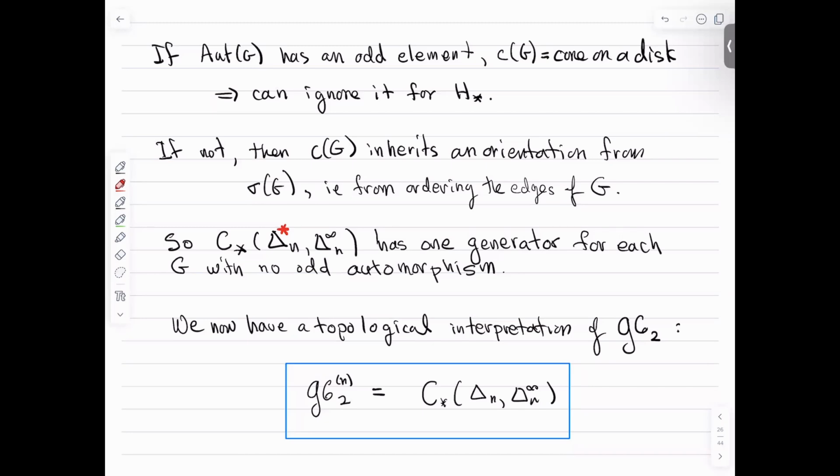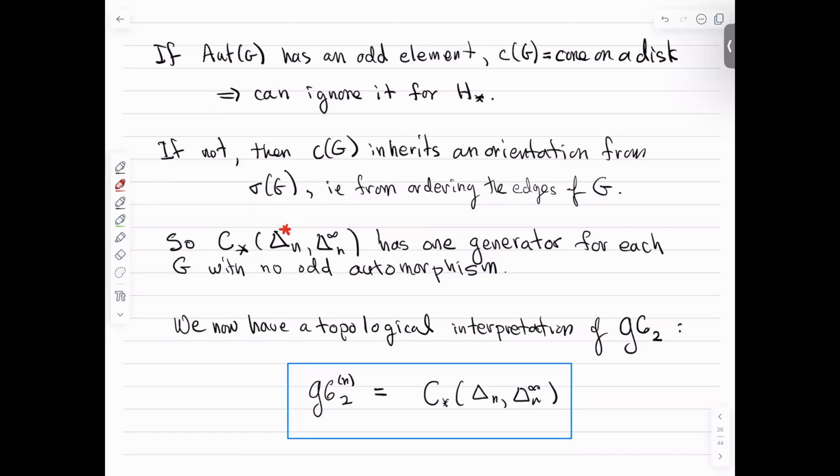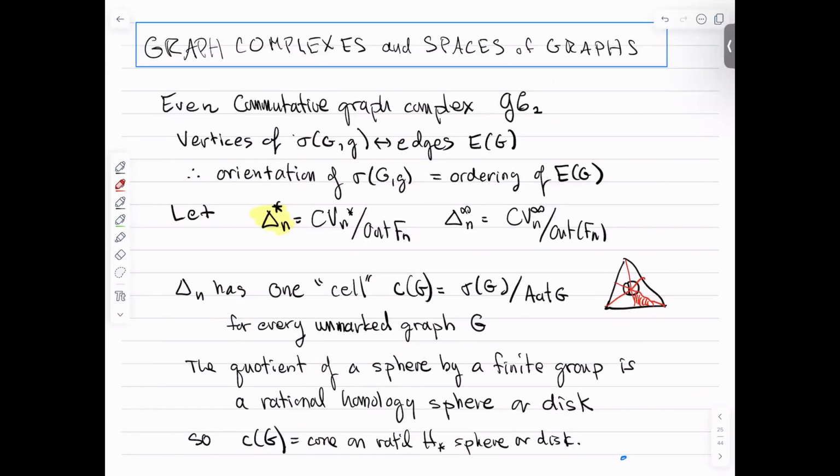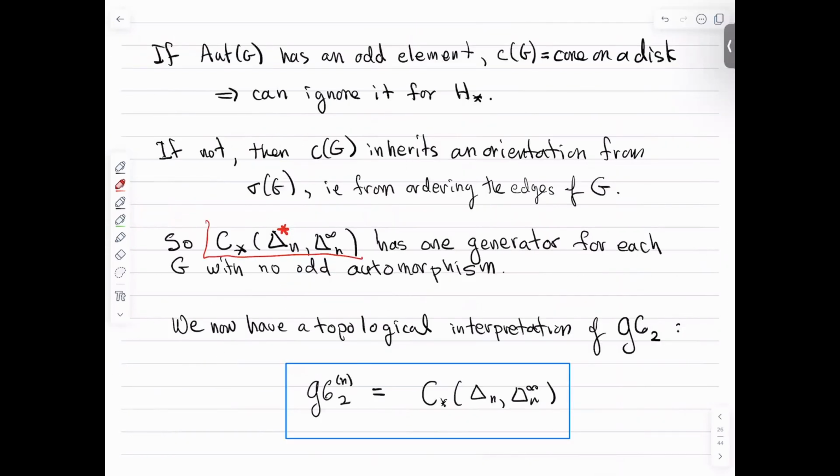Okay, so if you follow that logic from the beginning to the end, we have this space over here, and the space at infinity, and we're looking at the relative chains. And we get one generator for each graph with no odd automorphisms. And if you check the boundary operators, it's exactly the boundary. So that's just exactly the graphs we're using to define GC2, at least in rank n.